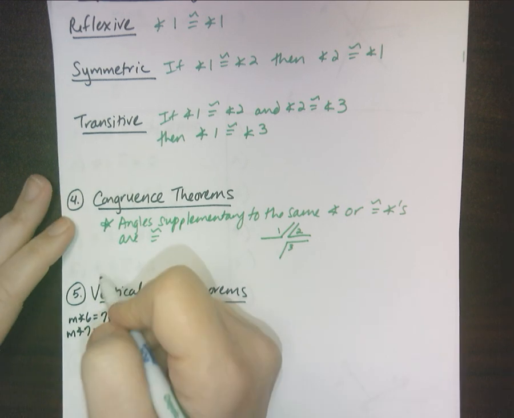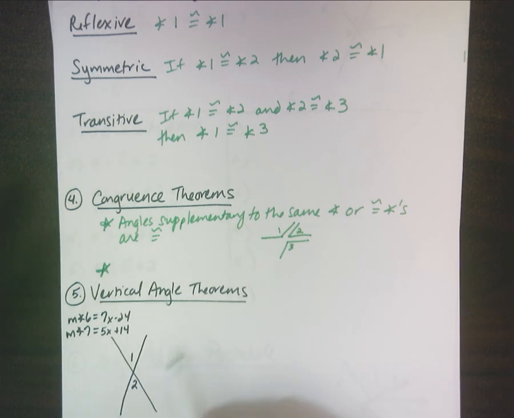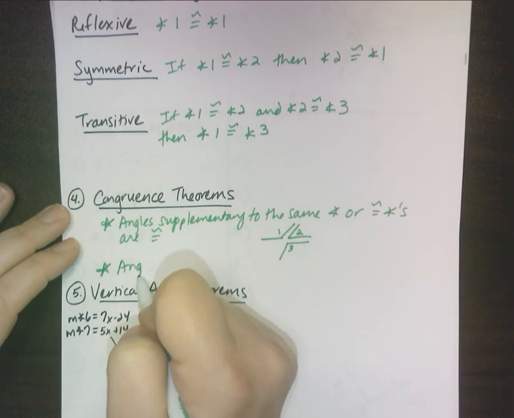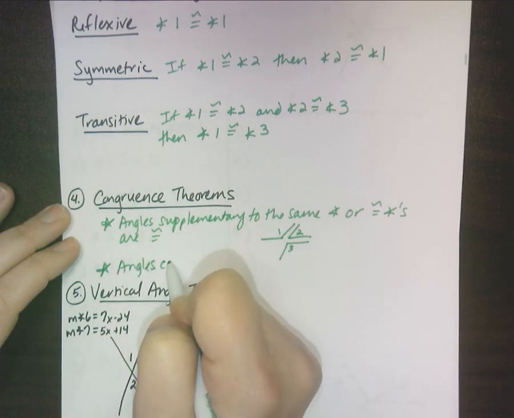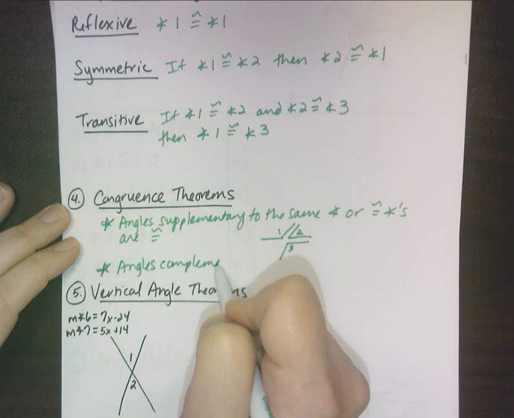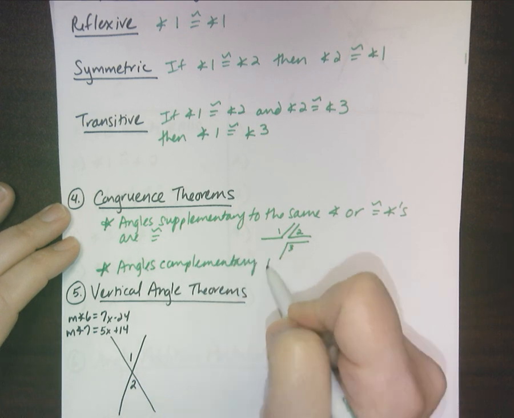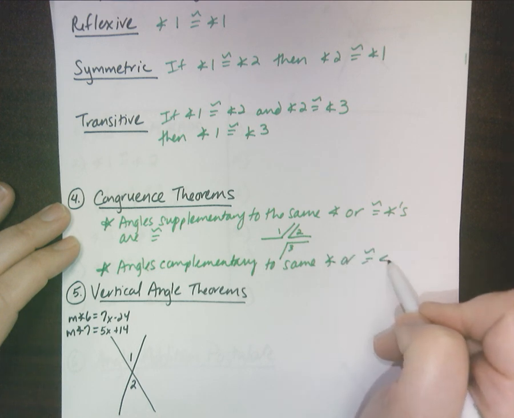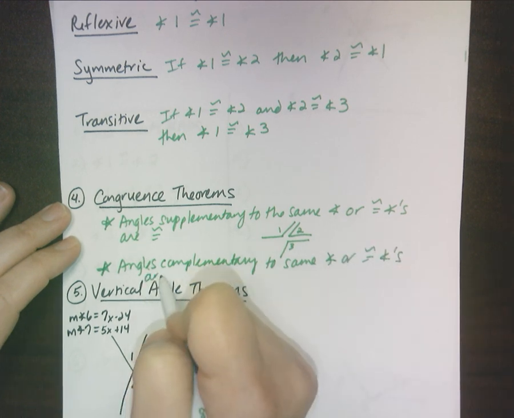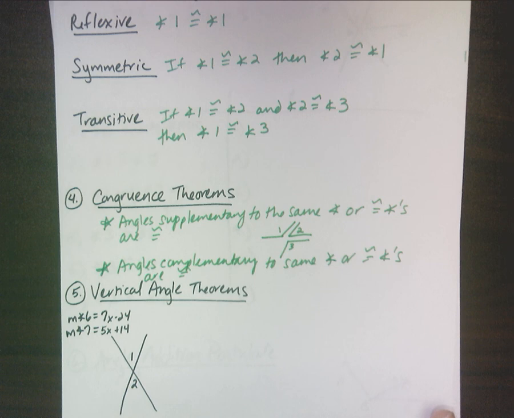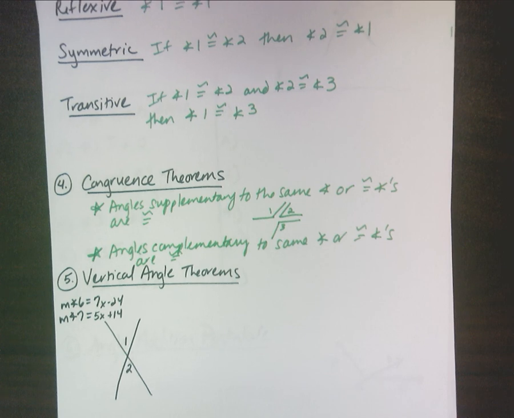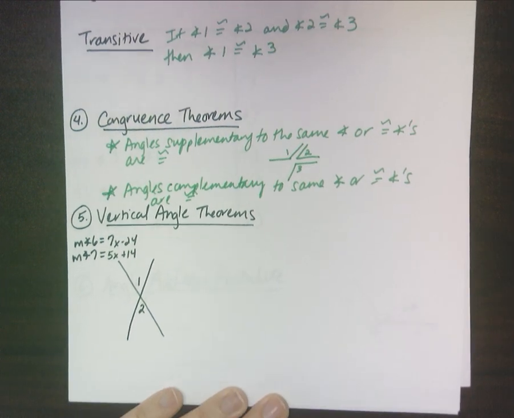That's all that's saying. And there's a similar corollary theorem that says angles complementary to the same angle or congruent angles are congruent. It follows the same pattern. All right, one of my favorite theorems is the vertical angle theorem.